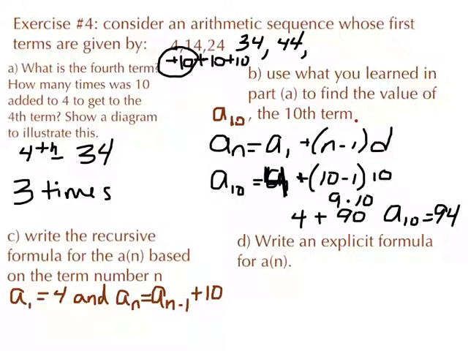That's the recursive formula. The explicit formula is using the formula from up above right here and just simplifying it down.